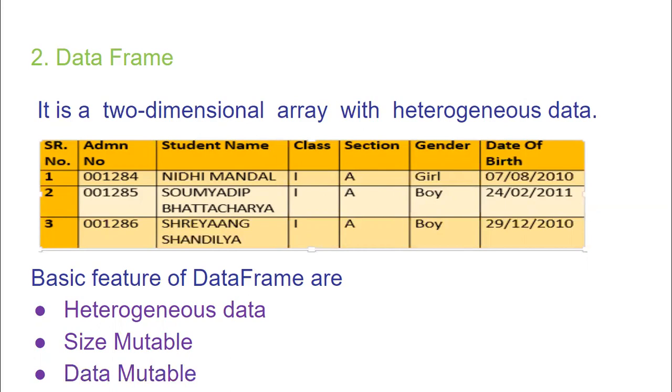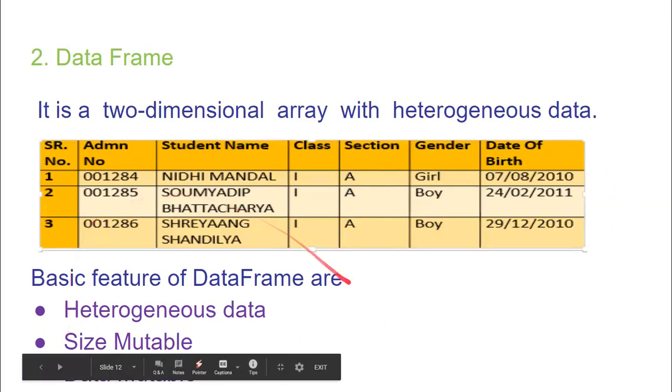The difference is that a series is a single-dimensional array, data frame is a two-dimensional array, series is homogeneous, data frame is heterogeneous, and series size is immutable, but here size is mutable. If you want to delete or add one more column, you can add here. But the similarity is that in both, data is mutable.